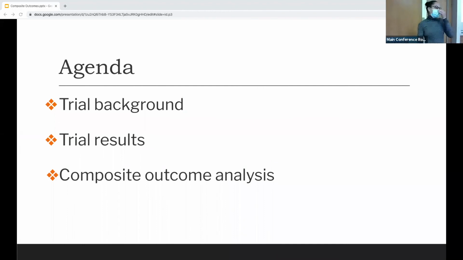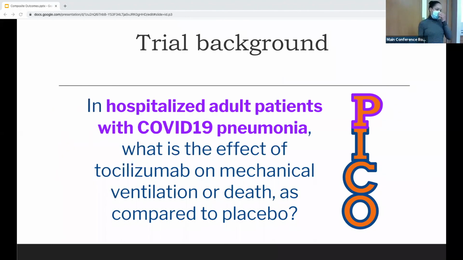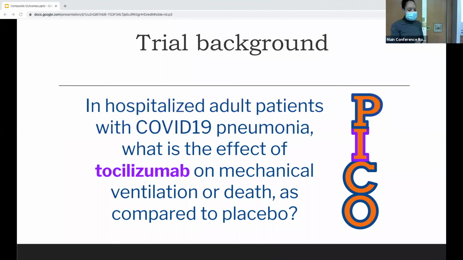So I'm just going to talk a little bit, kind of what we talked about through the discussion groups, trial background, the results, and then we'll talk a little bit about the composite outcome analysis that happened in this paper. So to go back to that PICO that we learned in med school and that we love so much, this trial was on adult patients who were hospitalized with COVID-19 pneumonia. The intervention was tocilizumab.